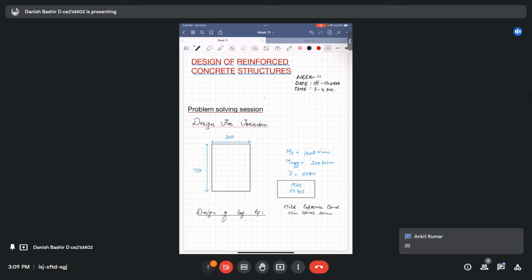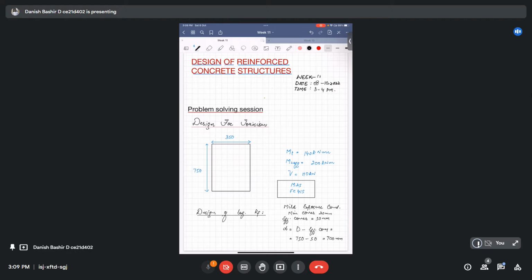So we will assume an effective cover of 50 mm, so that our effective depth d equals D minus effective cover, which turns out to be 750 minus 50, which equals 700 mm.